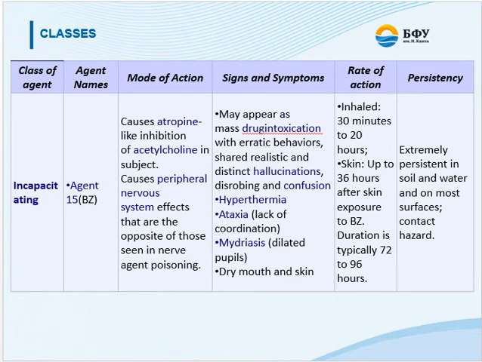Intoxicating agent: BZ causes atropine-like inhibition of acetylcholine, causing peripheral nervous system effects that are the opposite of those seen in nerve agent poisoning.